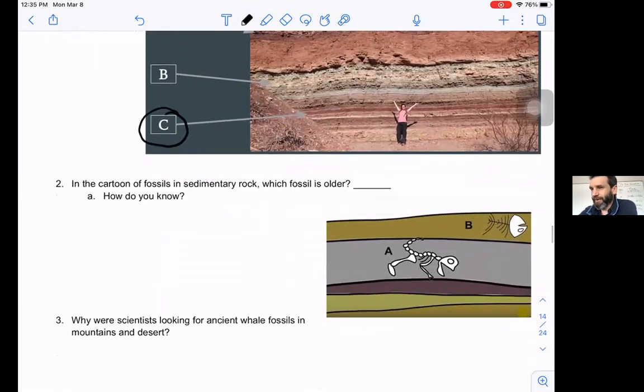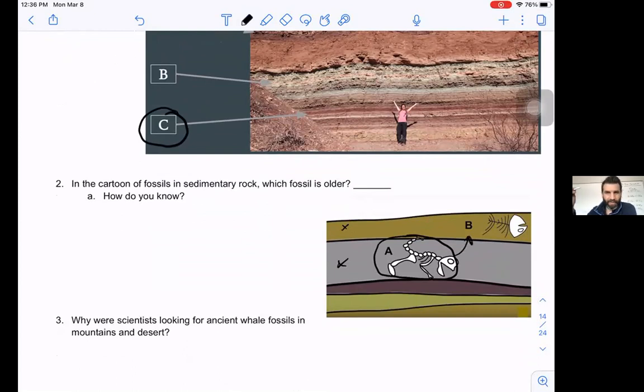So now we have this simple cartoon here. In the cartoon of fossils and sedimentary rock, which fossil is older? Well, since this layer here is older than this layer up top, I know that the animal that died and was fossilized in here has to be older than the one above it.